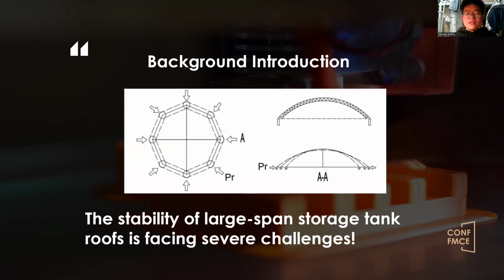However, the application of prestressed steel structures may solve this problem.